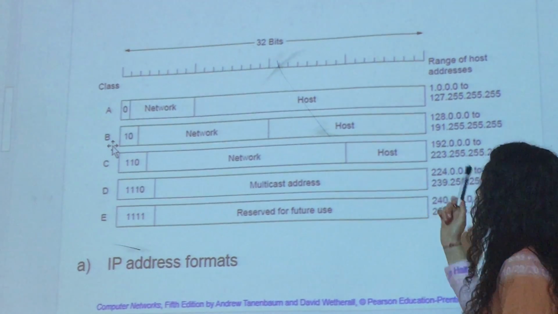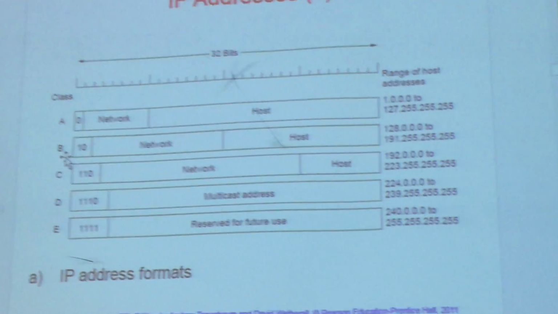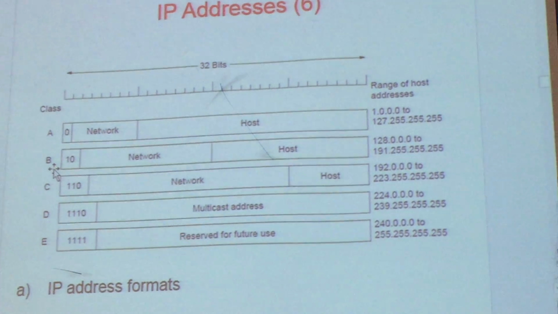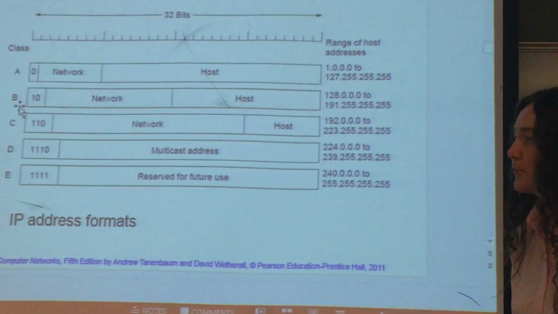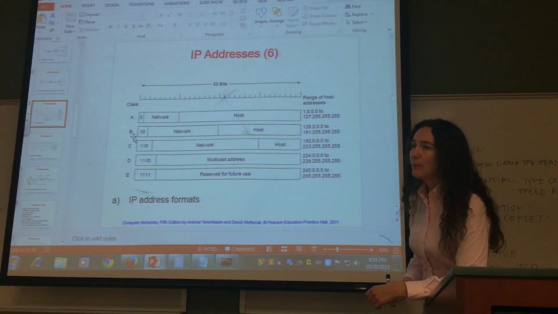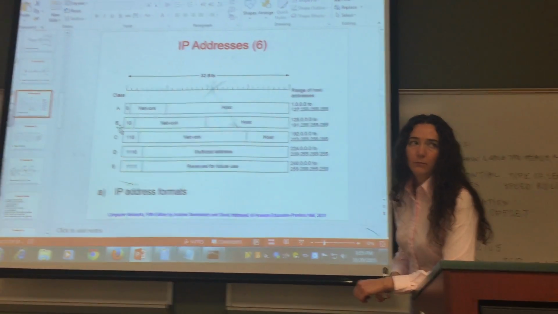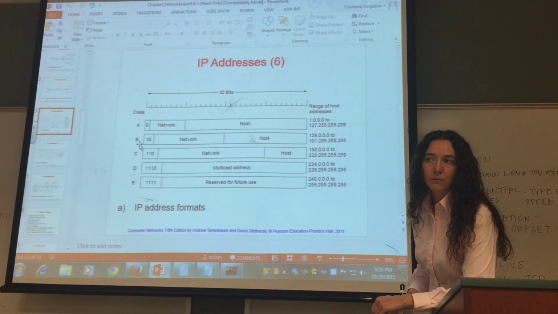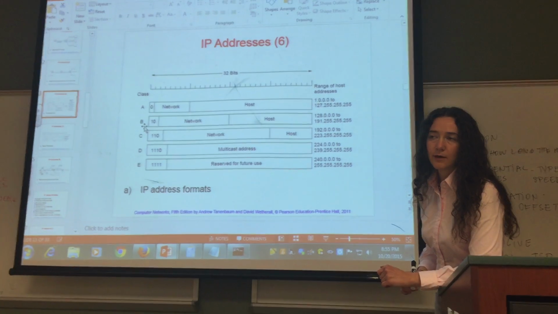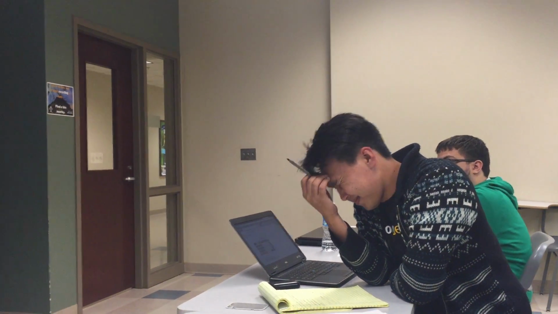For the host, we have 8 bits. So the host specifies a number for each machine that's part of our network. How many unique combinations of 8 bits do we have? 256, right?